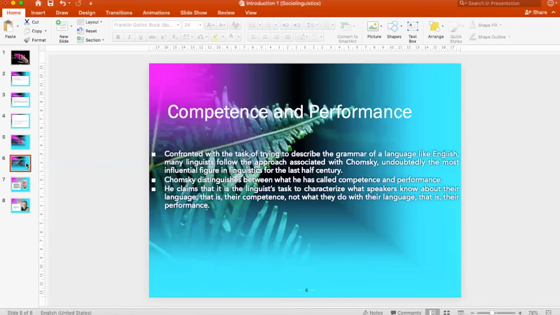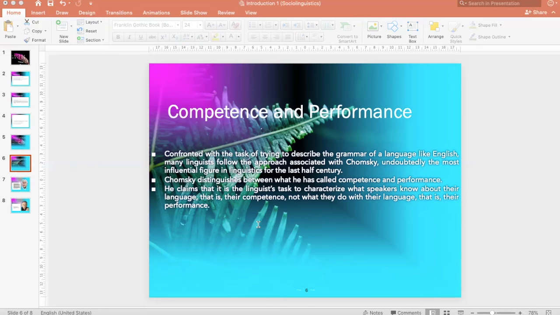In terms of prescriptive and descriptive, after that, we come to understand competence and performance. Confronted with the task of trying to describe grammar or language, Chomsky distinguishes between what he calls competence and performance. He claims that it is the linguist's task to characterize what speakers know about the language.